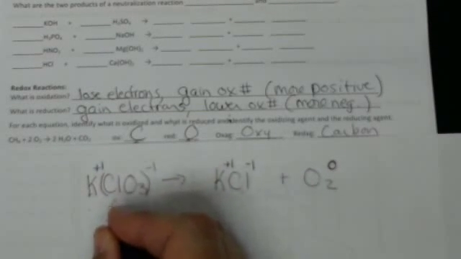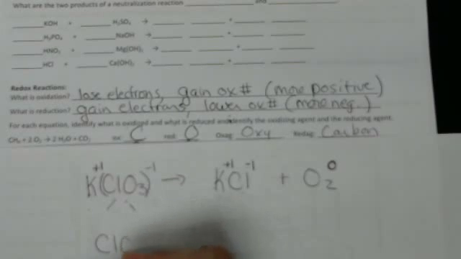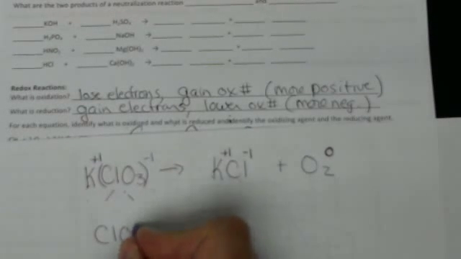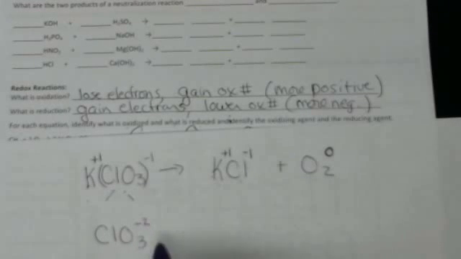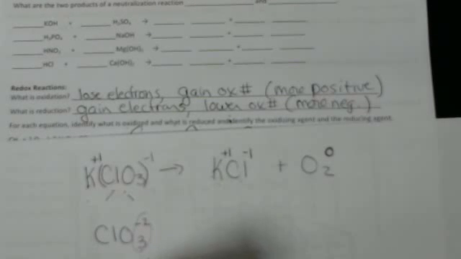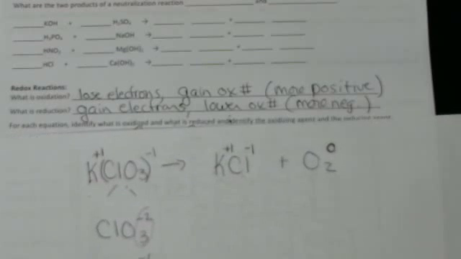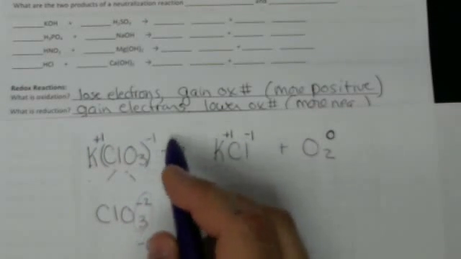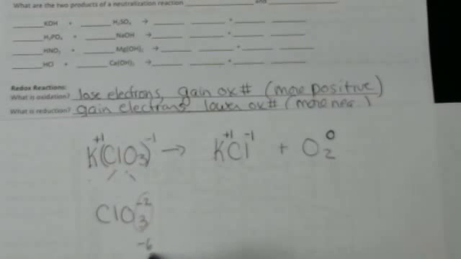I'm going to take this guy and expand him. ClO3, altogether, needs to equal -1. My oxygen is -2, so together this guy is -6. Makes sense? -2 times 3, -6. I have to balance that to get it not to 0, because we're not an atom, we're an ion. I need to make whatever chlorine is, plus him, equal -1.